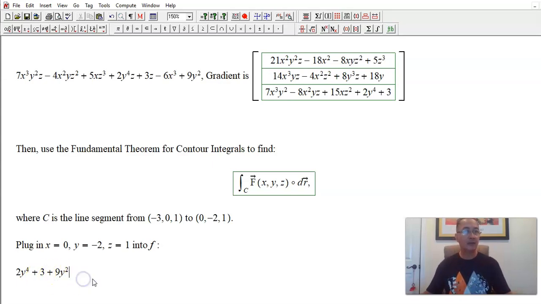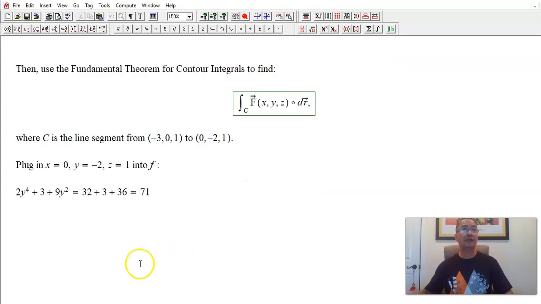And so with y equals -2, -2 to the 4th power is 16, times 2 is 32, plus 3, y squared is 4, times 9 is 36. So 32 and 36 is 68, plus 3 gives us 71. Excellent.